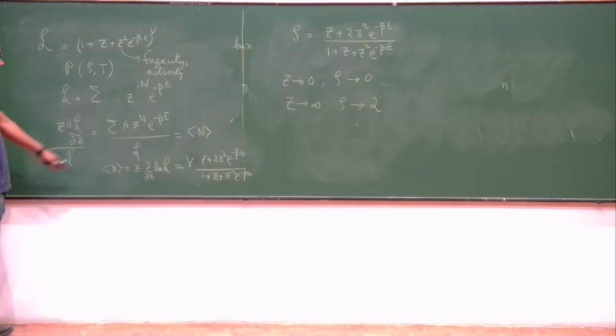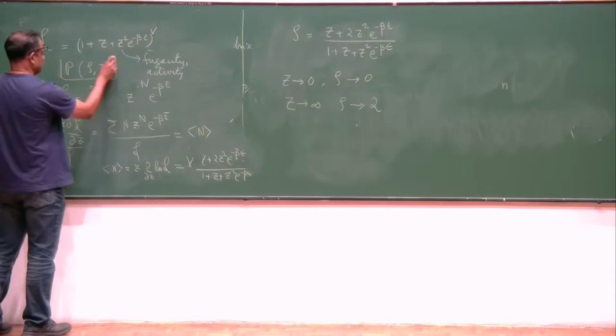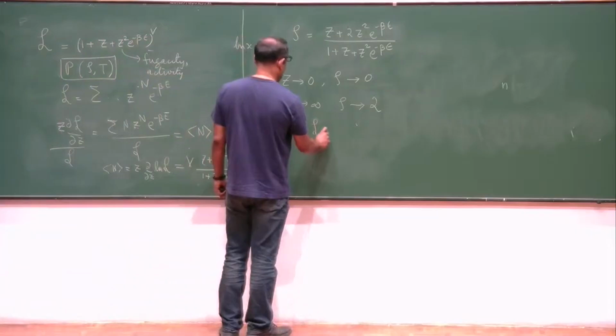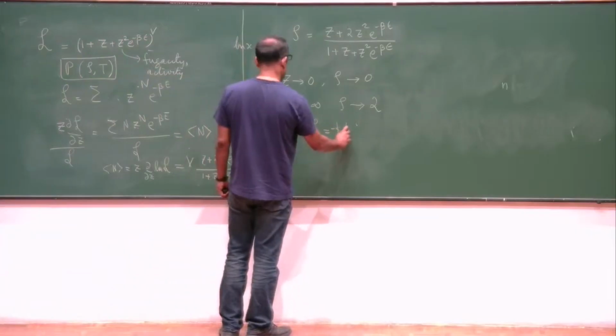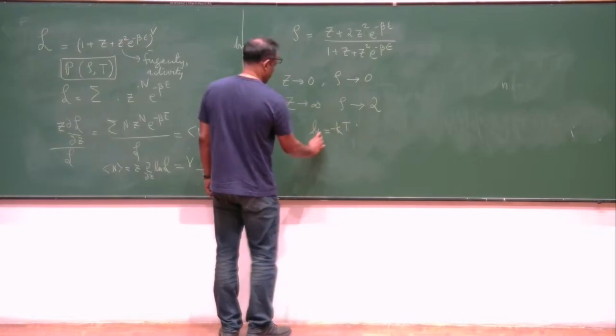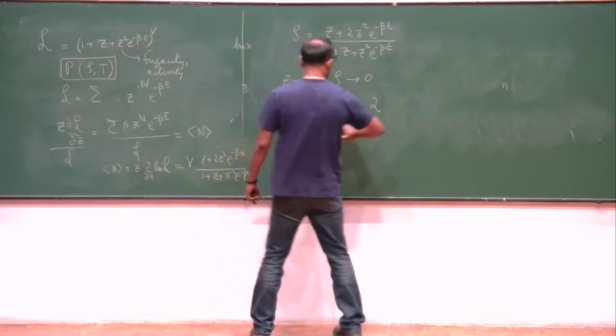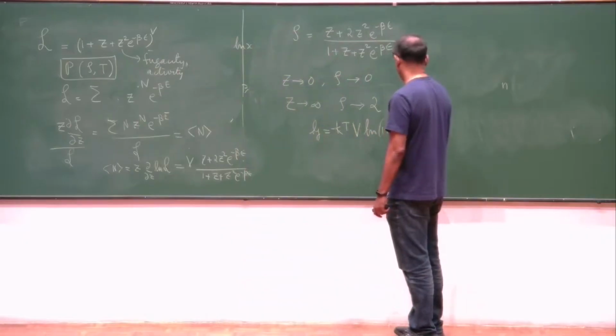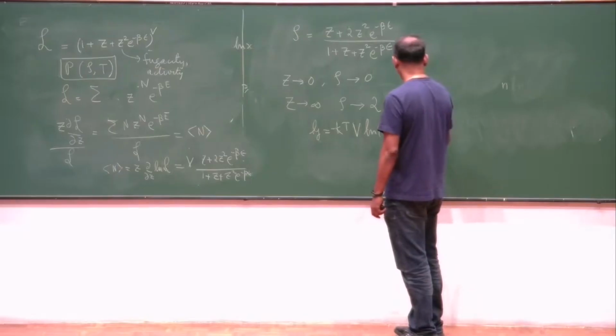So that is density as a function of z, but I need to find out also what is pressure. We are interested in this quantity, pressure. So we go back to the L: g is minus kT log L, minus kT V log of 1 plus z plus z square beta epsilon.